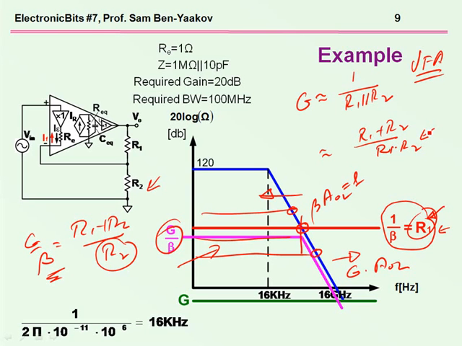Now, the reason for this ability to change G and beta independently relies on the fact that G is buffered here by an amplifier, and this amplifier actually adds gain to G, and this gain can be actually trimmed to any desired value.